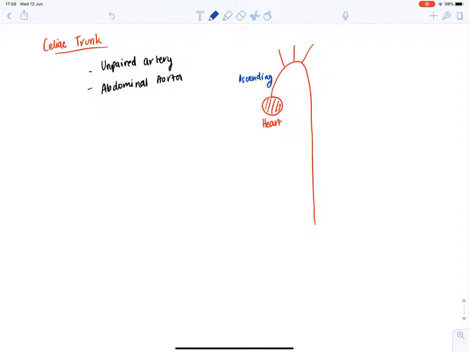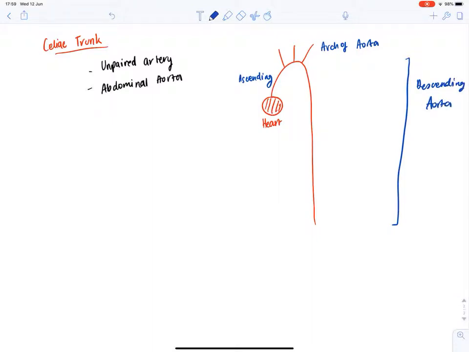The arch is known as the arch of the aorta, and it has three main branches: the brachiocephalic artery, the left common carotid, and the left subclavian. Then we have the descending aorta, the part that descends down.